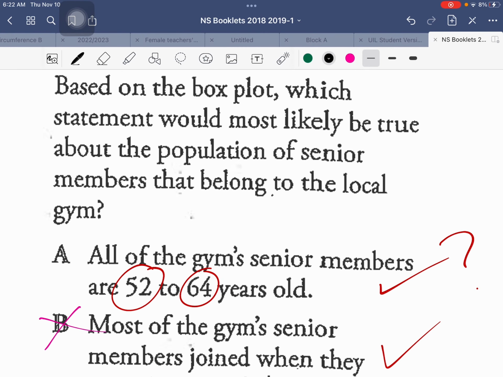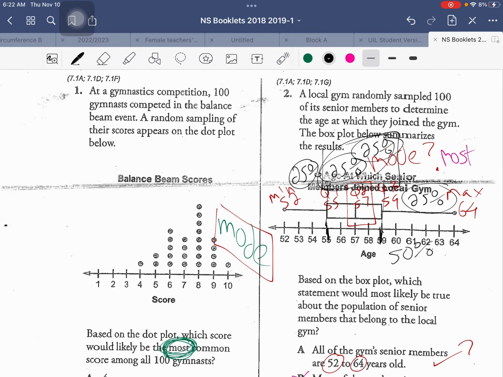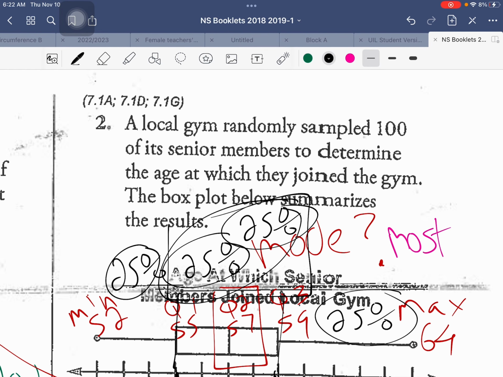Now, A, all the gym senior members are 52 to 64 years old. So based on this data, a local gym randomly sampled 100 of its senior members. But here's the thing, there could be more. Only from this sample, from this survey they did, that's the senior citizens they chose, their ages from 52 to 64.